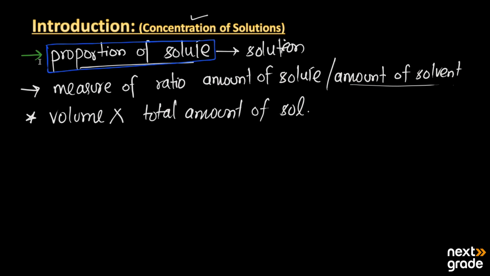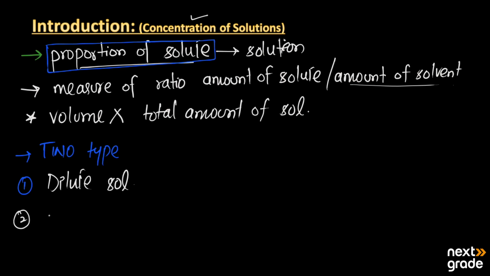So here we can divide the solutions into two types on the basis of their solute concentration. If the solute is more or less, on the basis of this we have two types: the first one is the dilute solutions, and the second type is the concentrated solutions.